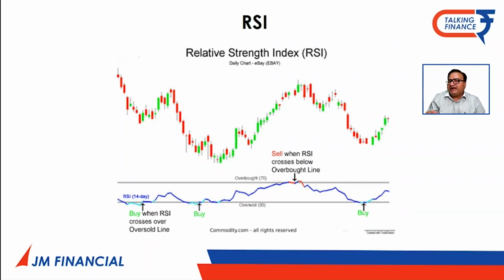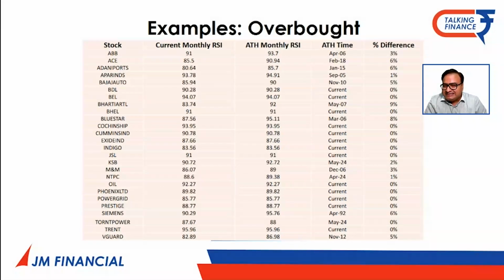Let us take one step ahead and discuss something we have shared in a very recent report. We released the Kalki 2024 report, and there was a list of 26 stocks which were very overbought. If you simply see the monthly charts of these stocks, the monthly RSI is very much overheated, in the vicinity of 85, 90 and above.